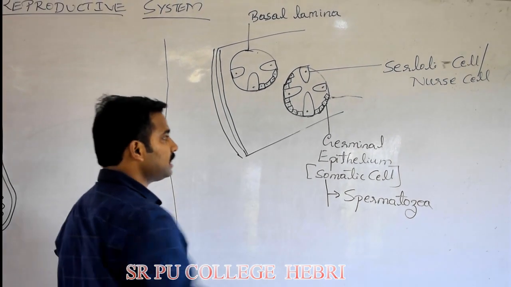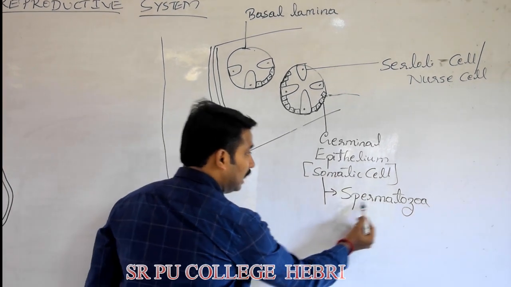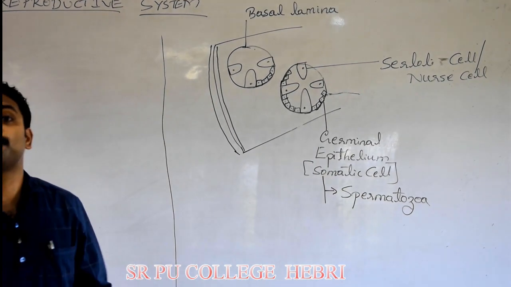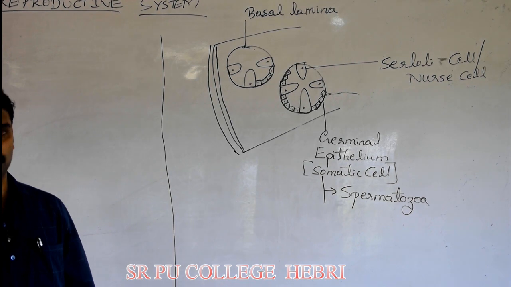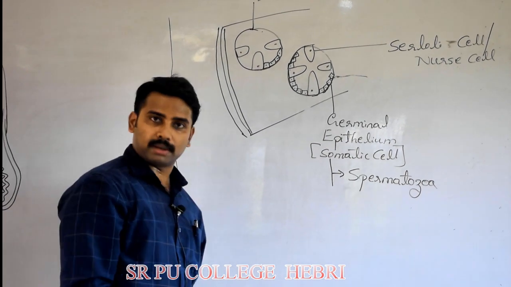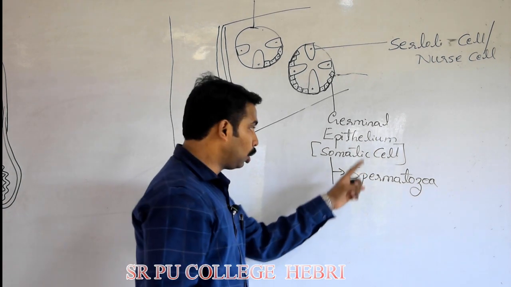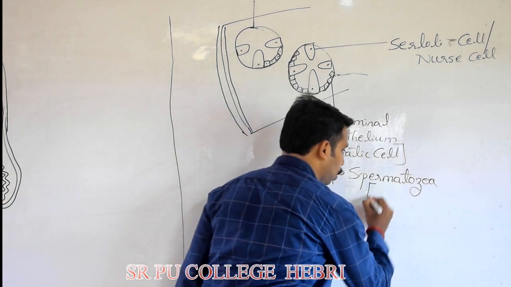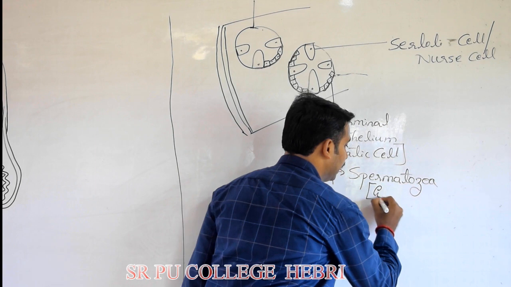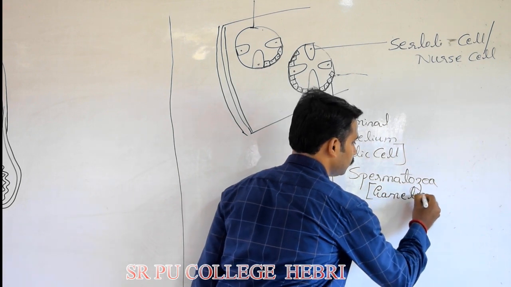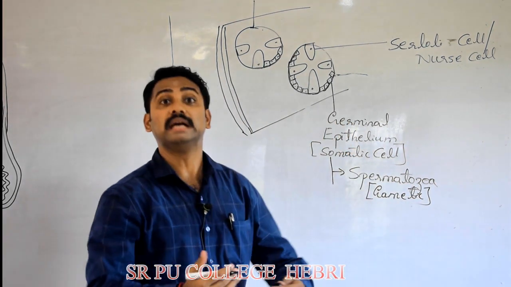This germinal epithelium later develops into what? Spermatozoa. One mark question: what is the function of germinal epithelium? It is a somatic cell that grows into spermatozoa, which is a gametic or sex cell.